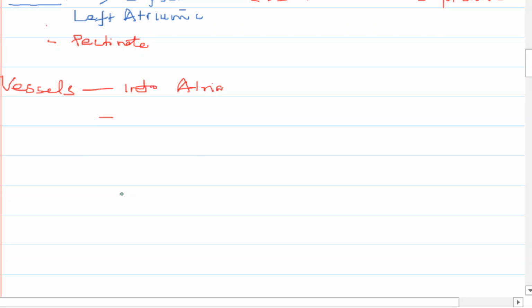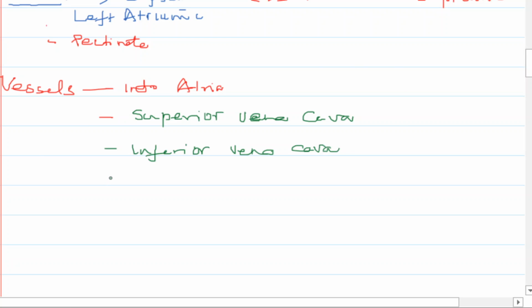And they are three vessels. Okay, the first one is superior vena cava, the inferior vena cava, and we have coronary veins that get into the sinus, and the sinus opens into the heart.